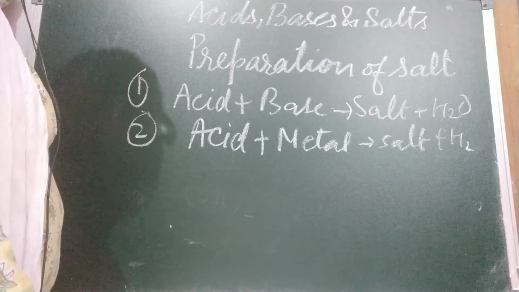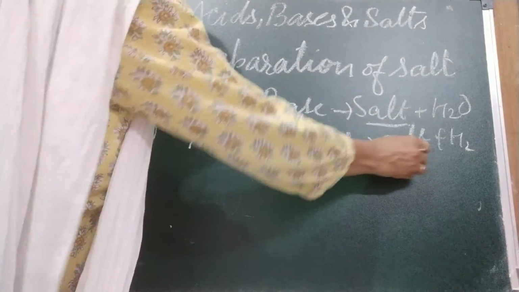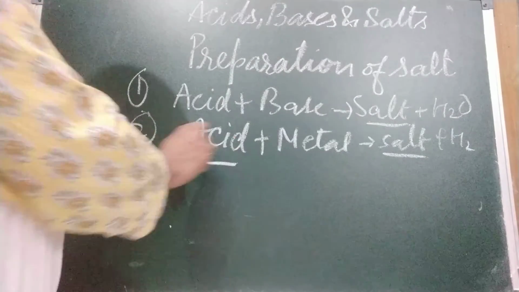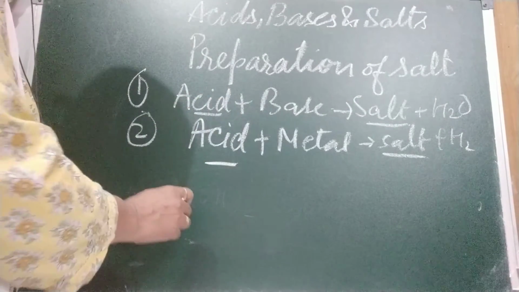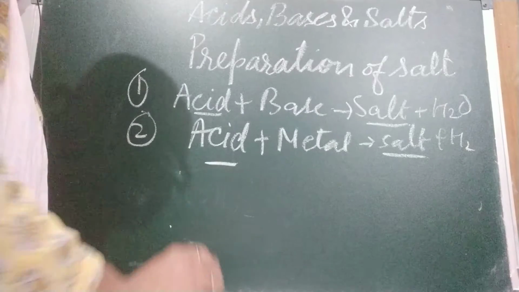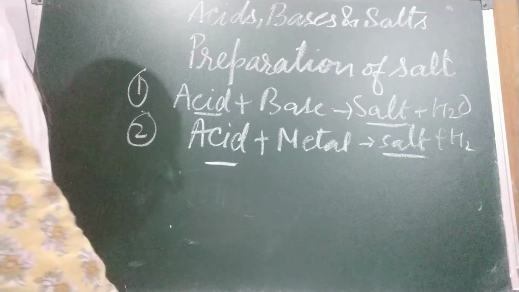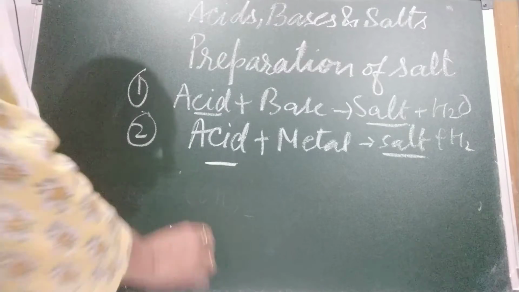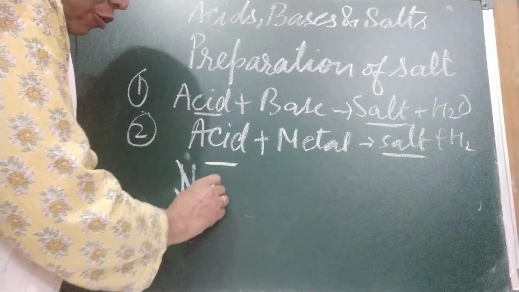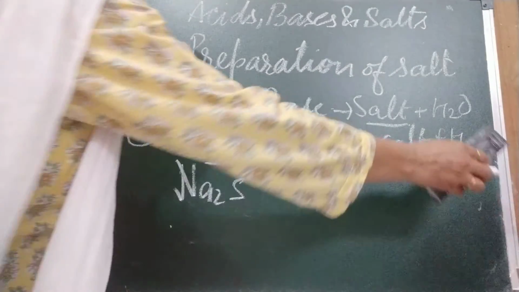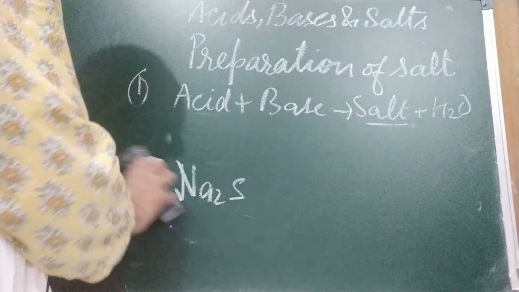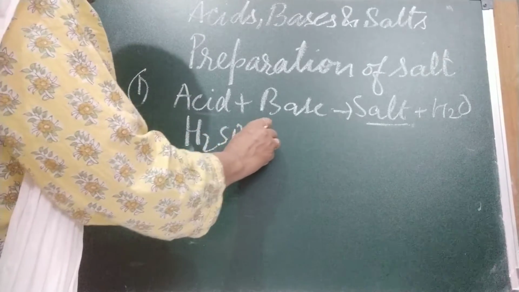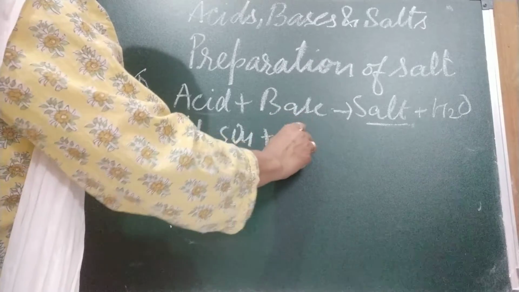Now, how do we give names to the salts? Suppose I am using sulfuric acid, so we write sulfates. I am telling you the name of the salt, like Na2SO4. Giving you an example: acid is sulfuric acid and base is sodium hydroxide.